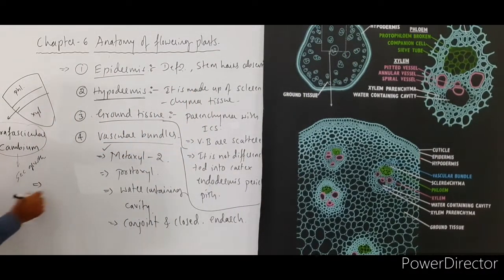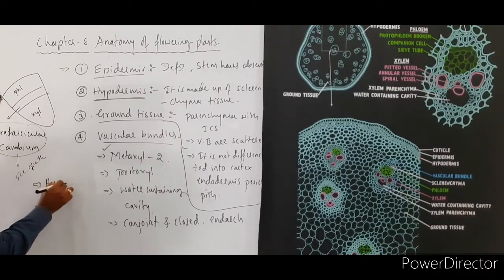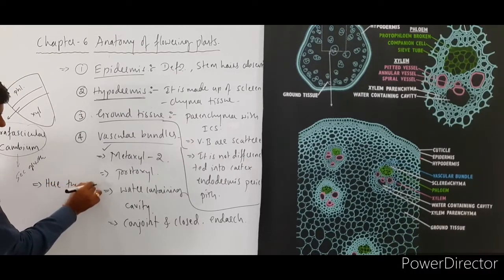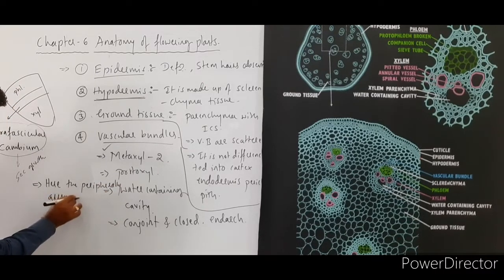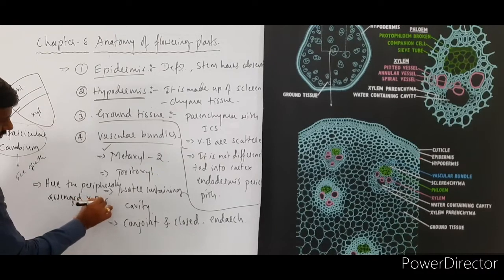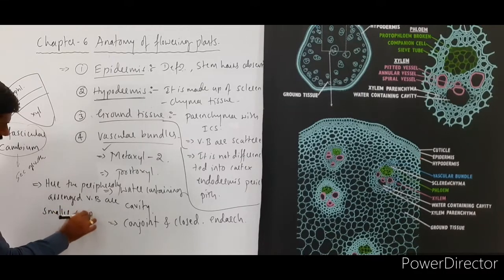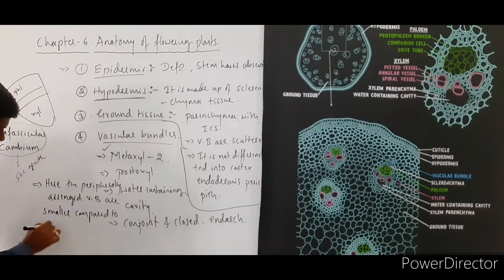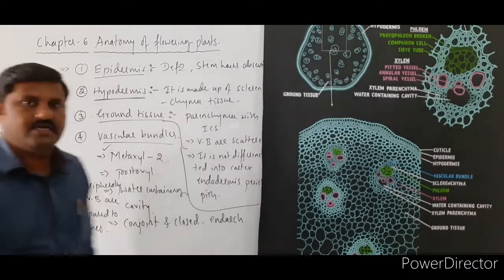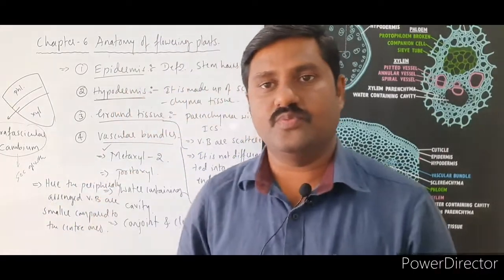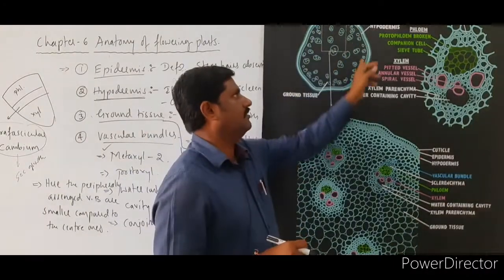So here one more point: the peripherally arranged vascular bundles are smaller compared to the center ones. This is also a more important aspect to be remembered regarding these vascular bundles.